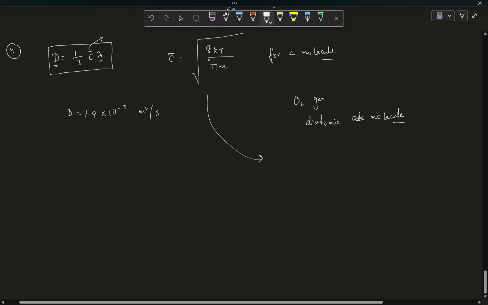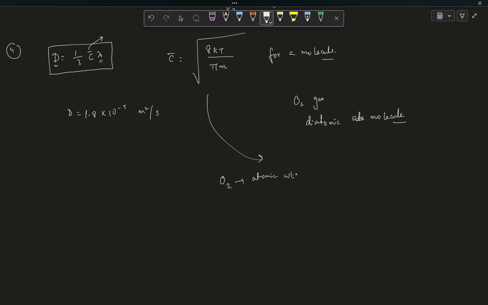So for this c bar you have all the information, because you have temperature as 273 Kelvin, and you will know the mass of oxygen, that is standard, right? So you know that oxygen has a molecular weight of 32 gram. That means 1 mole of oxygen is equal to 32 gram, right? So 1 mole has N_A number of molecules. I don't need to repeat it every time, but you probably understand that N subscript A means the Avogadro number constant.